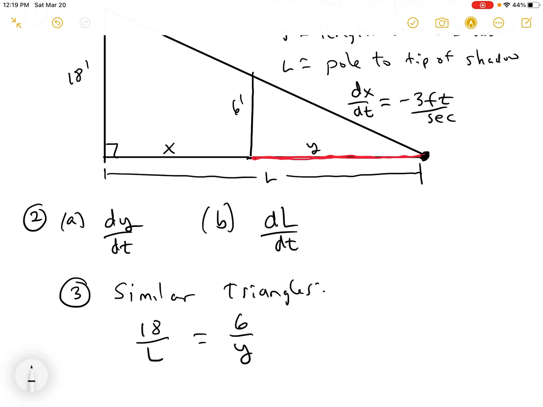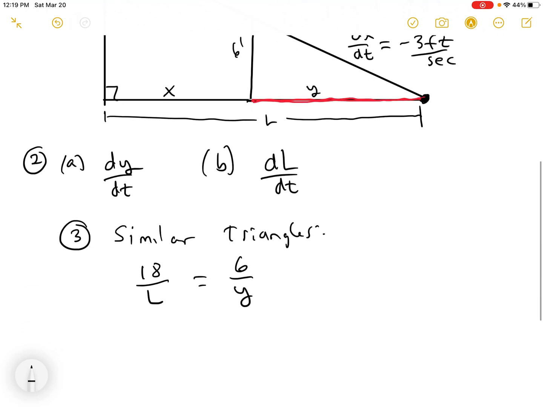All right. The only problem with this is that we don't have x in there, do we? And we need to use dx dt in the problem.